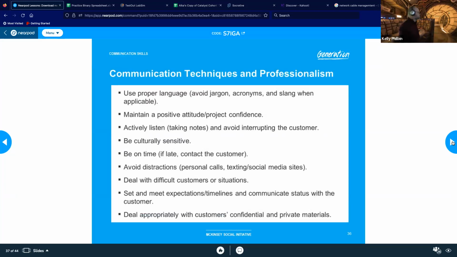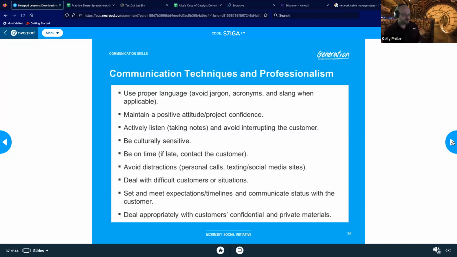All right. Communication techniques and professionalism. So when communicating with people, avoid jargon, acronyms, and slang when applicable. So again, remember we were talking about the types of language I would use with my coworker versus a customer versus a supervisor.